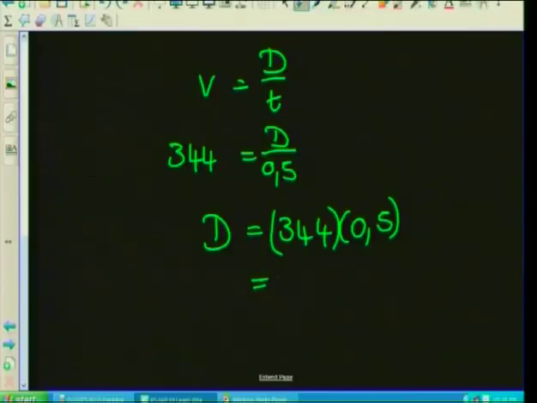Okay, so hopefully all your calculators out and you're doing it, and you're going 344 times 0.5, and we get 172 meters. Done.